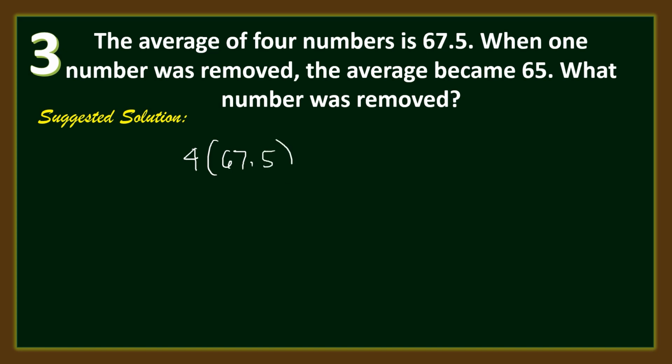Let n be the number that was removed. So we subtract n from the total 4 times 67.5. Now we will get the average of this resulting number. There are only 3 numbers, so divided by 3, and the new average is 65.